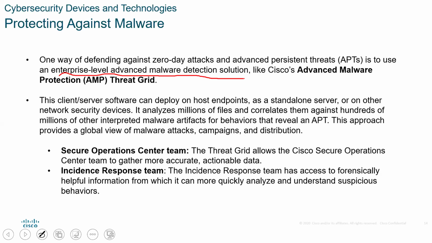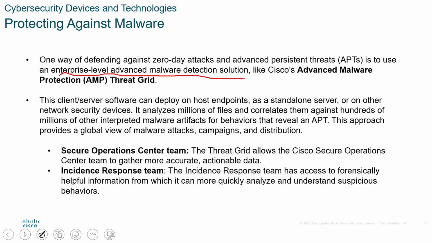It can analyze millions of files and correlate them against millions of other interpreted malware artifacts. For behaviors that reveal the APT, this approach provides a global view of malware attacks, campaigns and distribution. So, Secure Operations Center team.